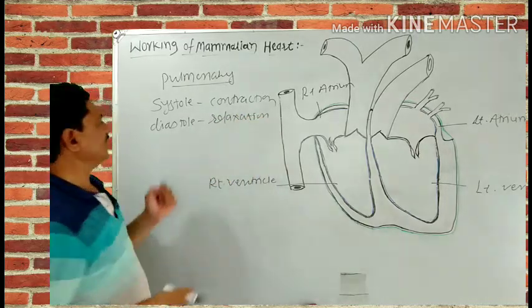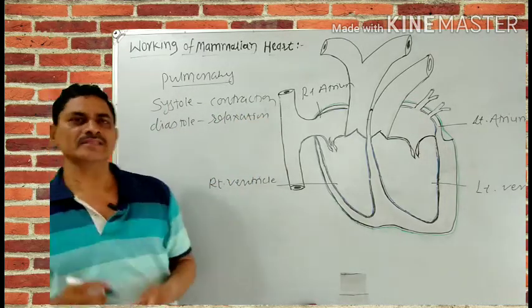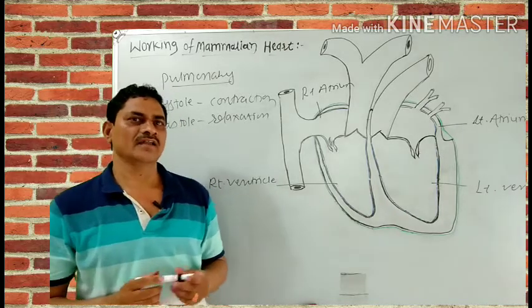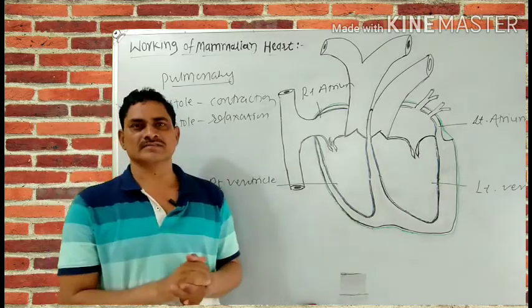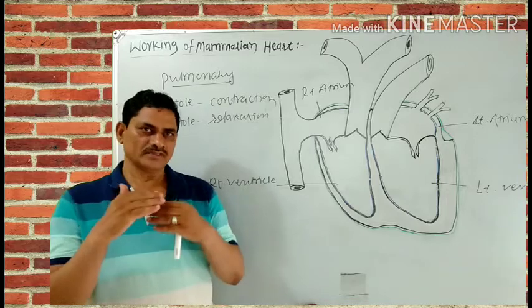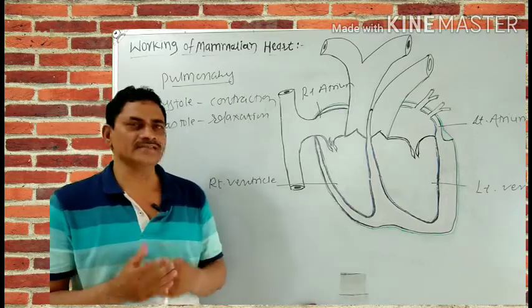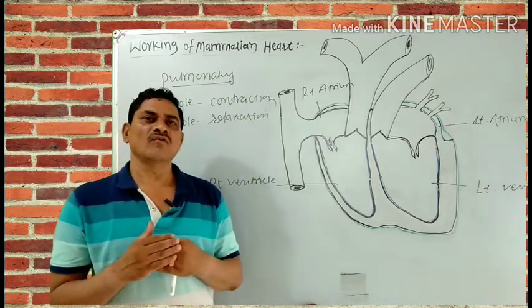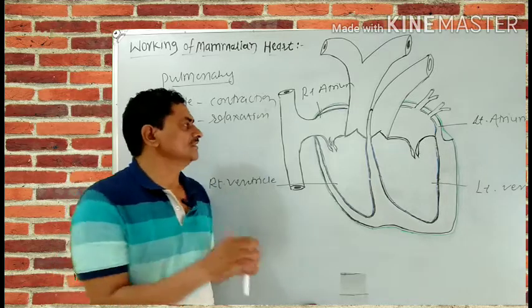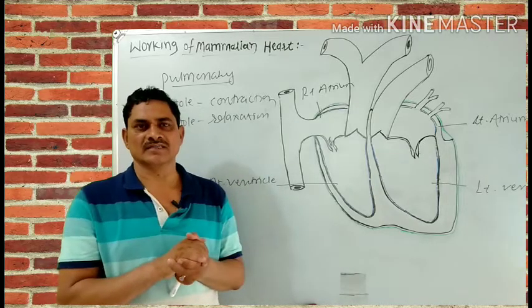So systole and diastole mean the contraction and the relaxation occurring in the heart. And due to the contraction and relaxation, the blood is forced through the heart chambers.